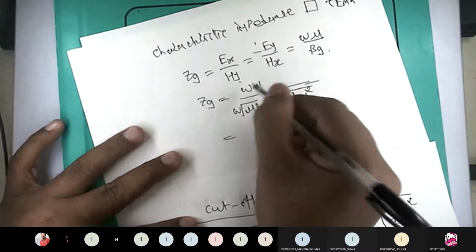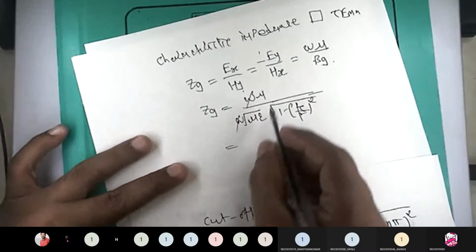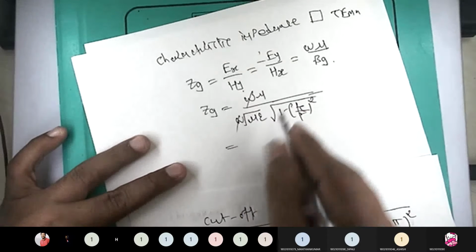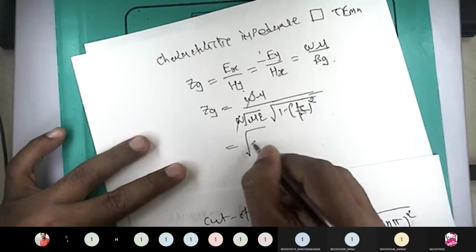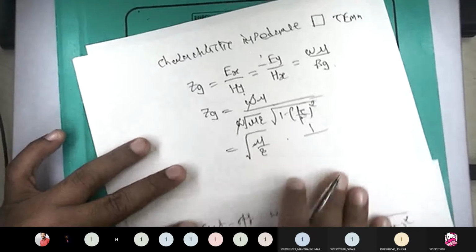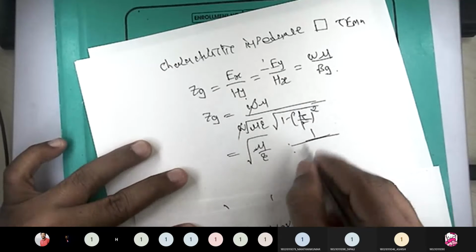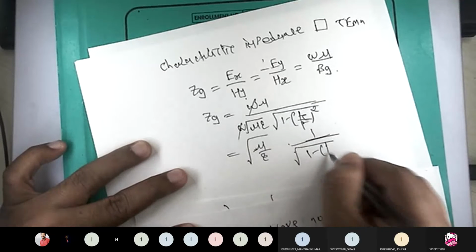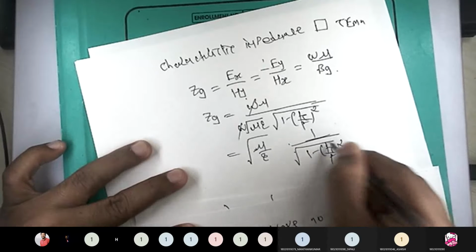So we can cancel omega and omega, even mu, so the square root of mu by epsilon remains, and in the denominator, square root of 1 minus (fc over f) whole square.